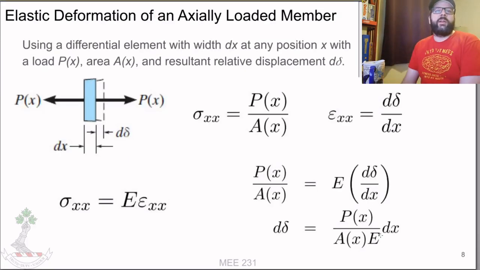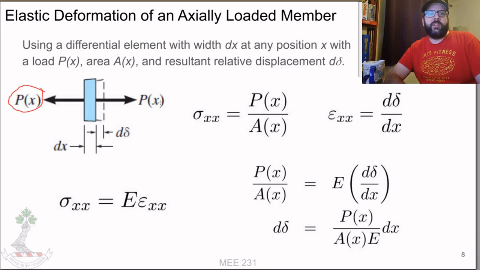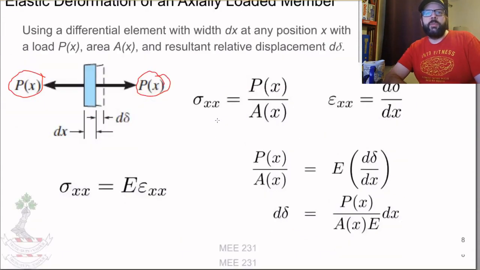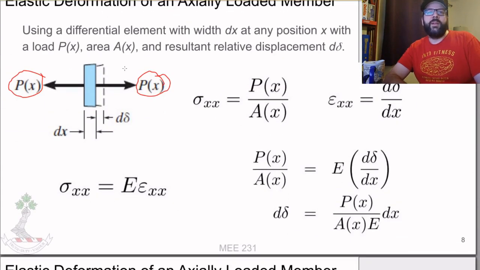So if we look at a tiny little slice, a differential element of that, then when we zoom in on that, we're going to get P as a function of x. So the load is a function of x based upon what this load is and then what distributed load occurred in the meantime. We're going to get an area as a function of x.